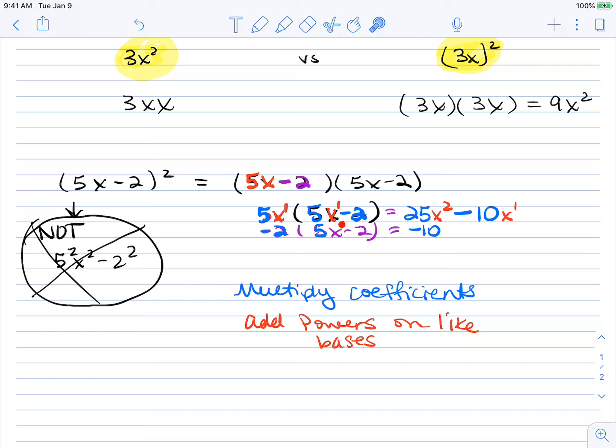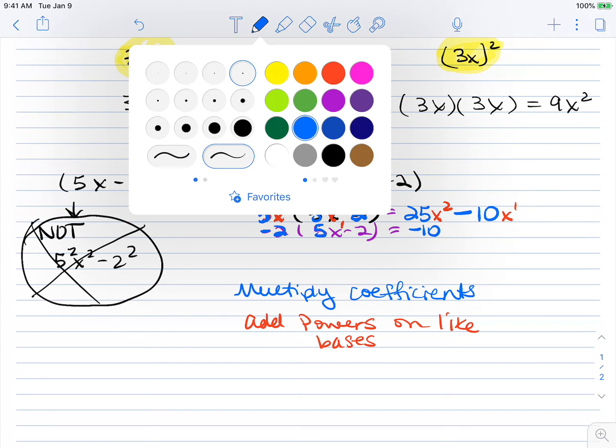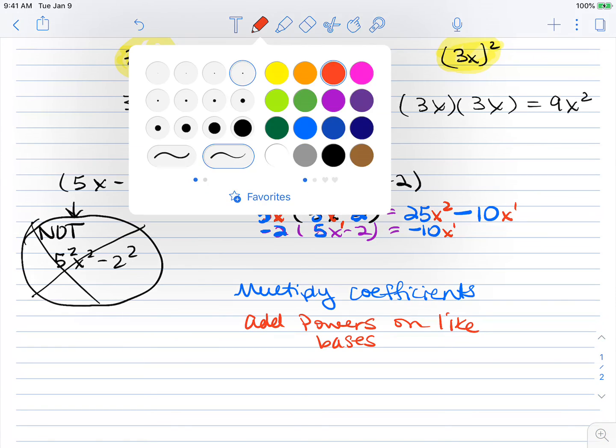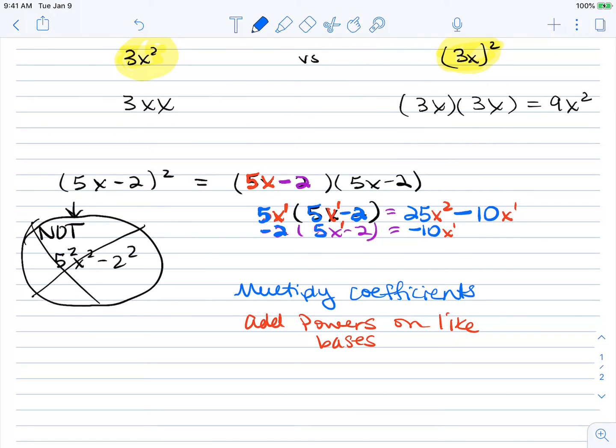But only this guy has an x in it, so I'm going to write down that I have an x to the 1. And then I'm going to do my distribution with my negative 2 and my negative 2, and a negative times a negative is a positive 4.